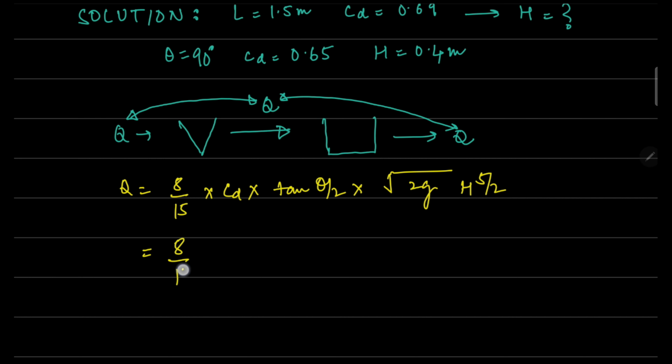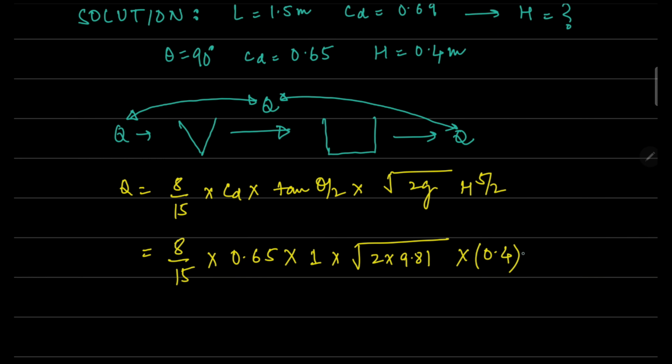So it is 8/15 multiplied by CD 0.65, tan theta by 2, that is 90 by 2 is 45, tan 45 is 1, and then root 2g with 9.81, and then h is given to us, that is 0.4 raised to the power 5/2. So this Q value comes out to be 0.1554 meter cube per second.